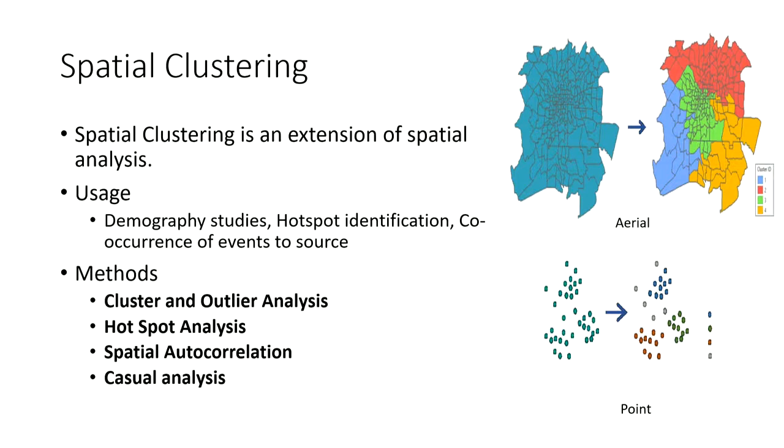We also use it in hotspot identification. We also try to identify the co-occurrence of events and sources, as we have seen with the influence of covariates and so on. To carry out spatial clustering, there are many technical methods like cluster and outlier analysis, hotspot analysis, spatial autocorrelation, and generally we also look for causal analysis. This is basically a covariate-based analysis technique which is being used.